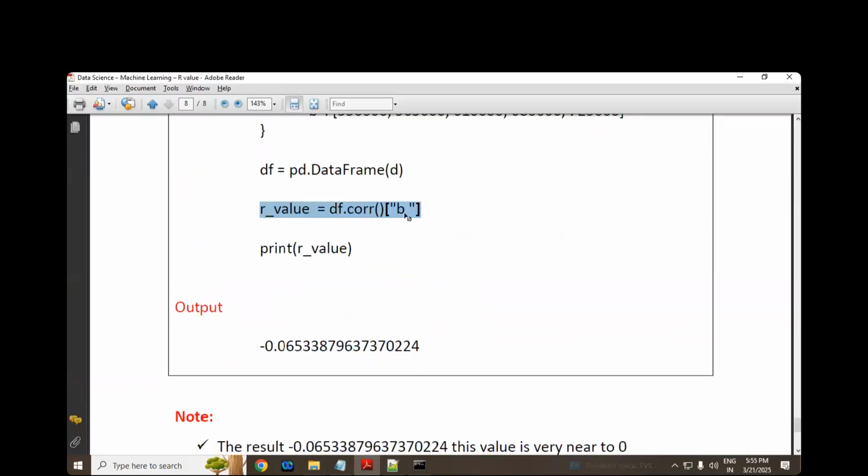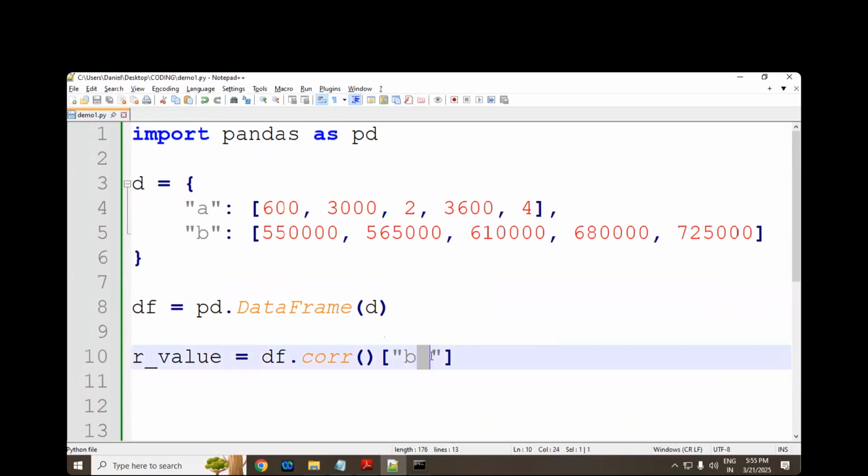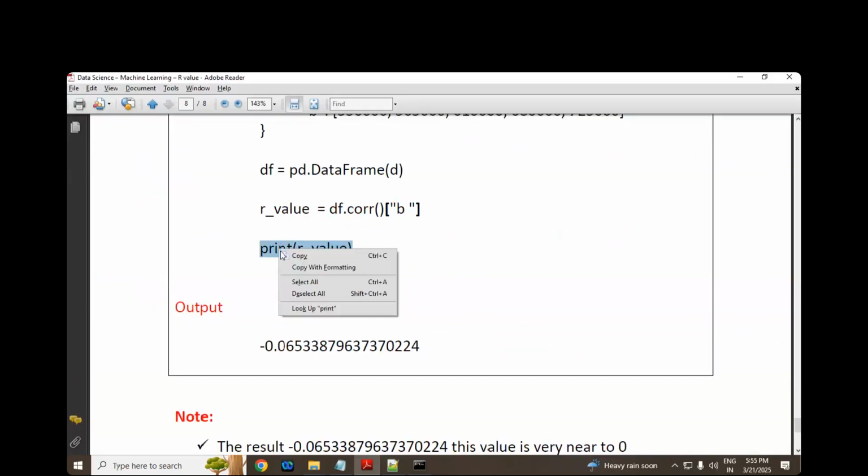Maybe here, unfortunately, there is a space. Then here you need to delete that space. Otherwise, you will get a key error. Now let us just print this.